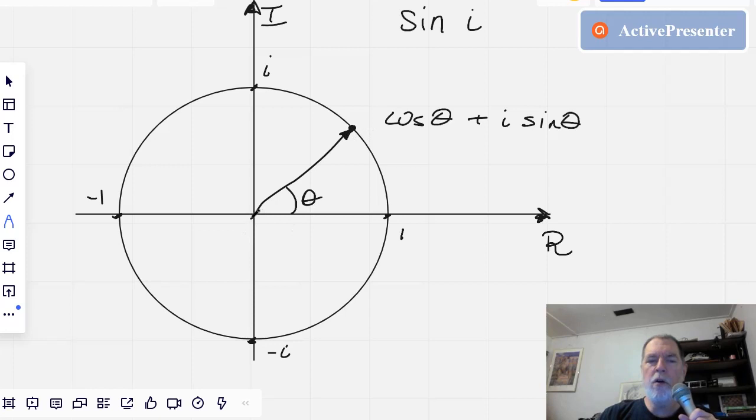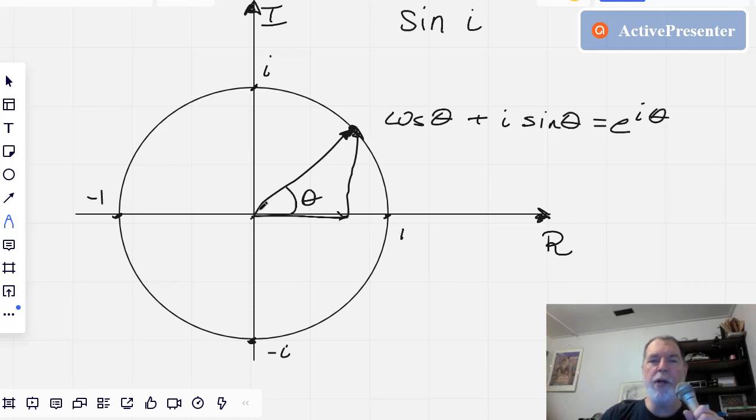And cosine theta is the horizontal component, and sine theta, or should I say i sine theta, is the vertical component. Now, there's another way I can write this, and this is using the polar form, which is e to the i theta, and that's very concise.